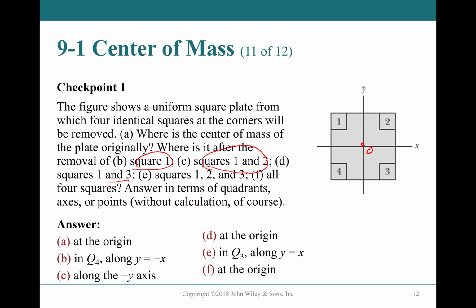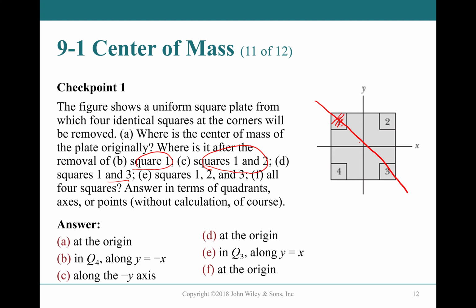Okay. So if you are going to remove the first one, I'm going to take a look at this first one. After that, what you are going to see is the symmetry. So here, we are going to draw a line of symmetry. We know if you remove 1, this plate will be symmetric about this line.